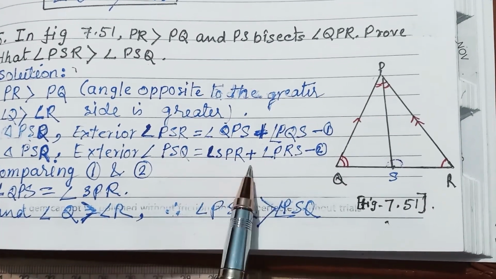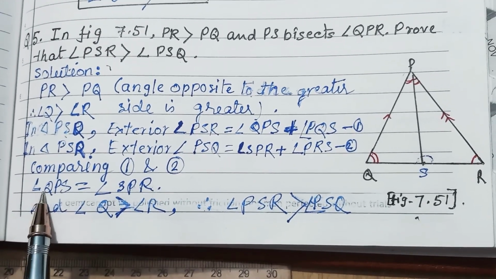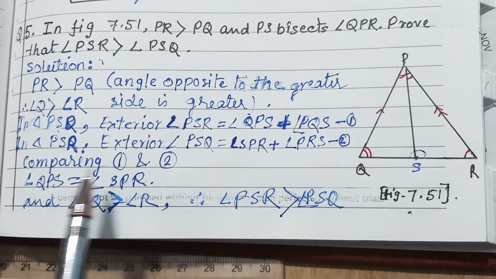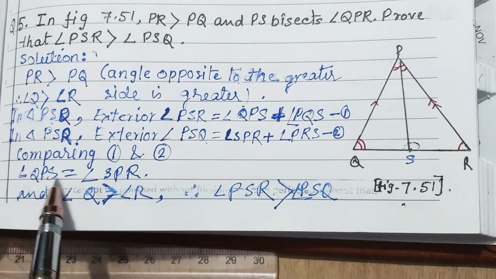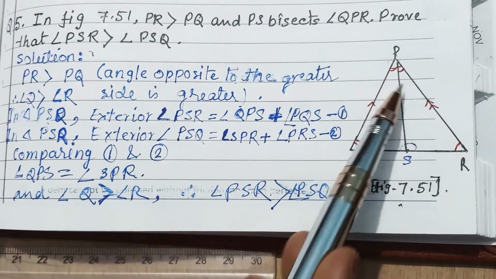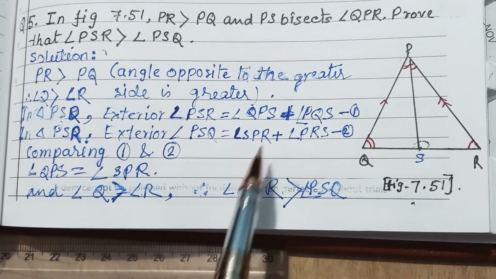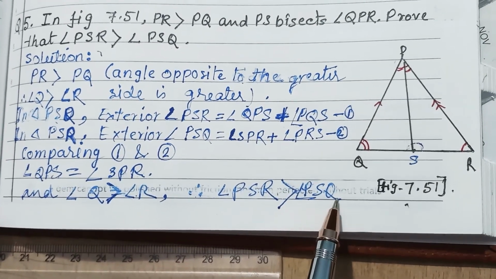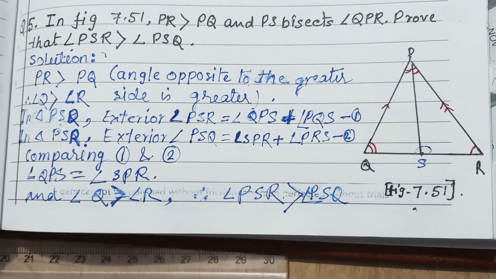Now compare the two triangles. Given that angle Q is greater than R, and PQS is equal to SPR, these two angles are equal, so they cancel. So angle Q is greater than this, and therefore angle PSR is greater than angle PSQ. Okay, thank you very much. It is the last question in this chapter.